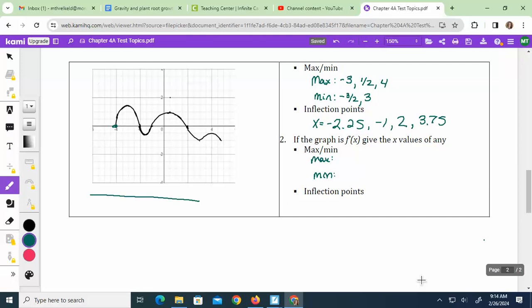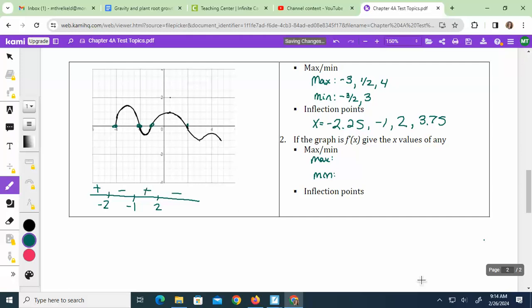No. Okay, so it's 0 at -2, -1, +2. So before -2 it was positive, in between negative, after 1 positive, negative.